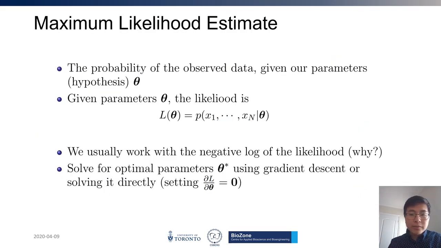Now let's change gears a little bit and think about machine learning algorithms and neural networks from a probabilistic perspective. Suppose we store all the parameters of our neural network in this vector theta. That can be thought of as the hypothesis of your neural network landscape.